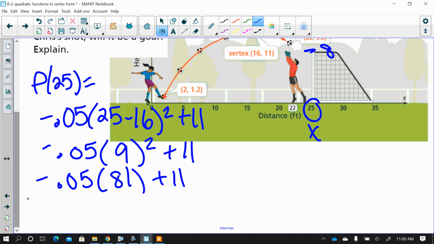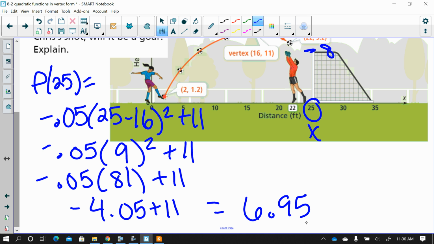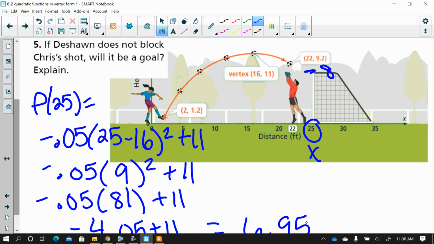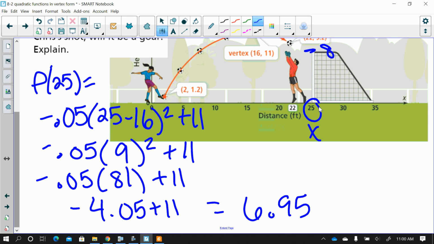Okay, multiply. Negative 0.05 times 81 is negative 4.05 plus 11 gives me a total height of 6.95. Okay, because 6.95 is lower than the 8 feet height, this will be a goal.